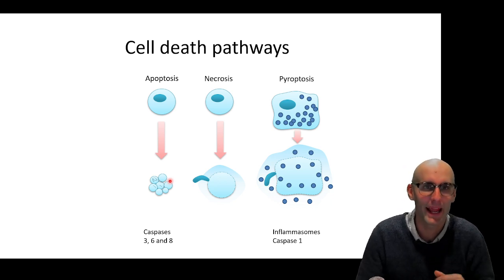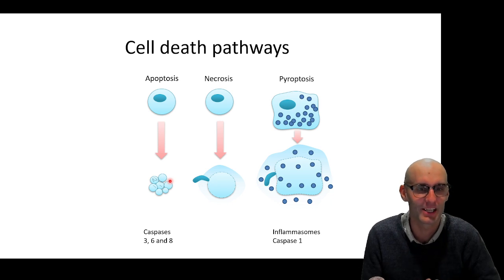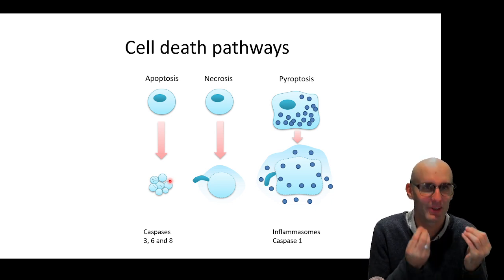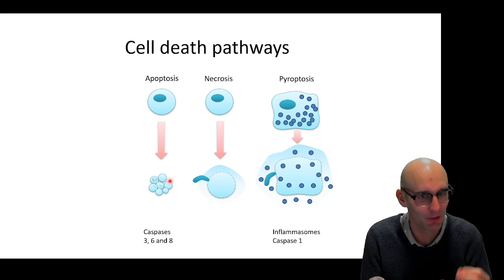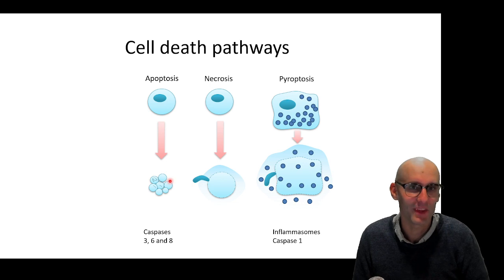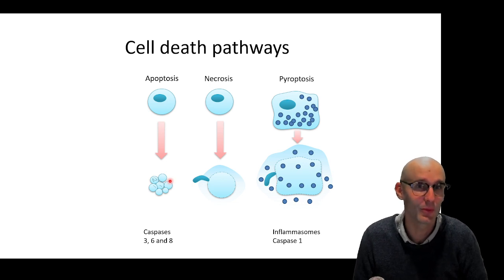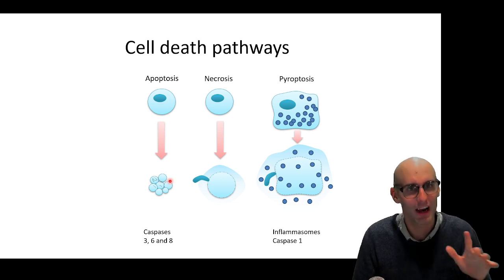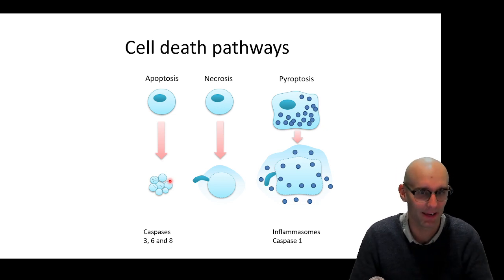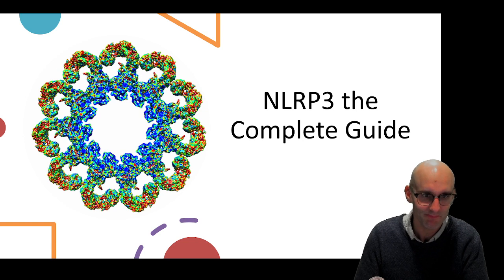Pyro, pyromaniac, it's to do with fire, it's to do with temperature. It's an inflammatory way to die. Pyroptosis, super inflammatory, it's a fiery way to go. It's pretty cool. So that's how interleukin-1 typically gets out of the cell. There are other ways, but for the most part, it happens through pyroptosis and the cell popping and releasing interleukin-1.